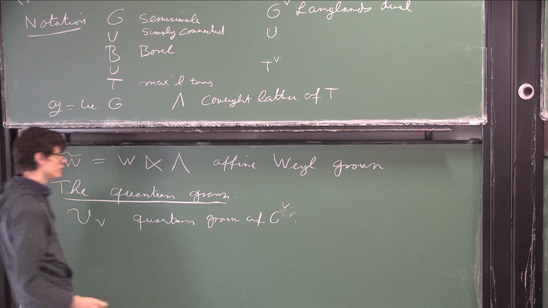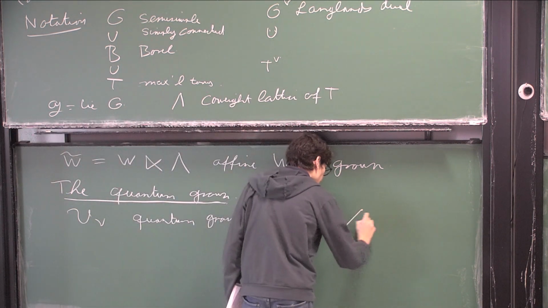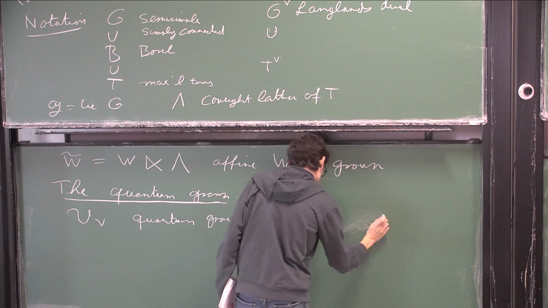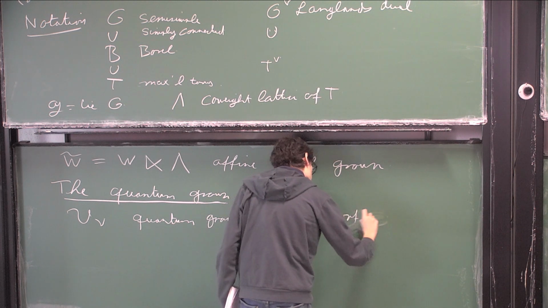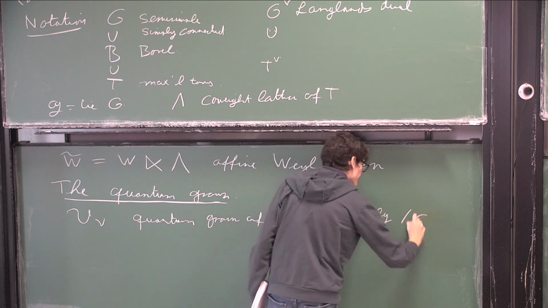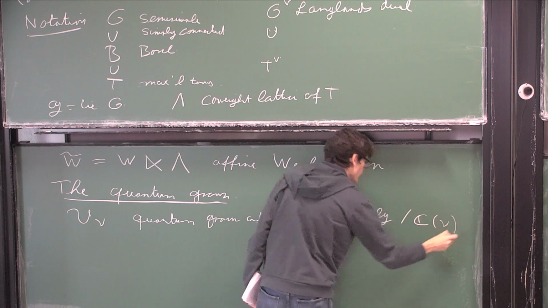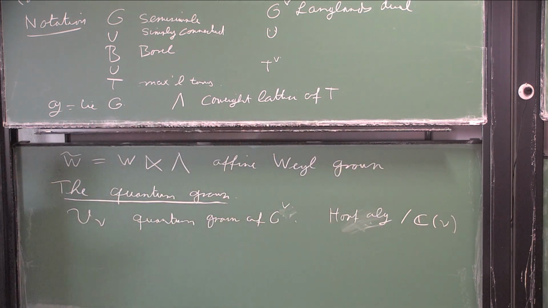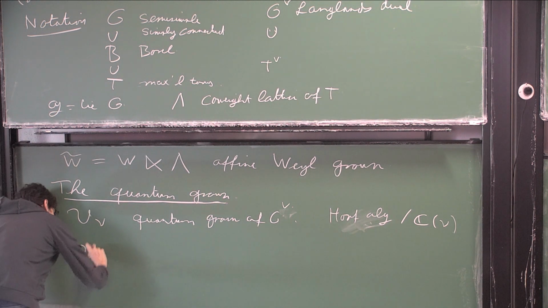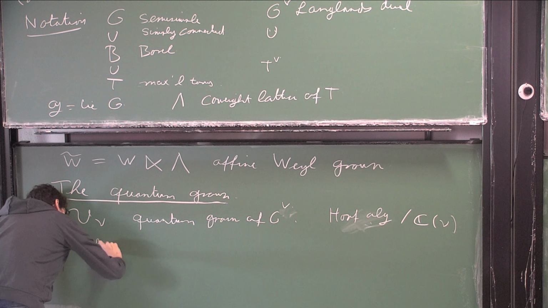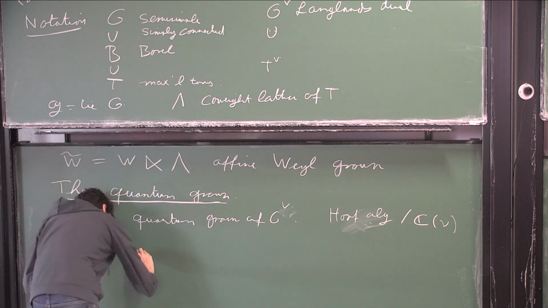It's some sort of Hopf algebra over rational functions in some parameter nu that deforms the enveloping algebra. But I want to consider an integral form that already appeared yesterday. So U nu Lusztig is an integral form.